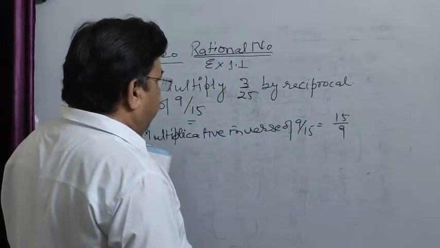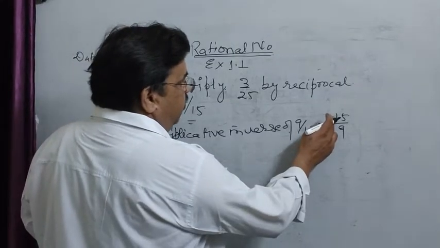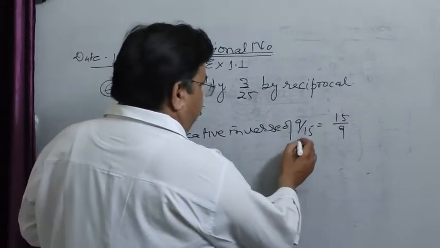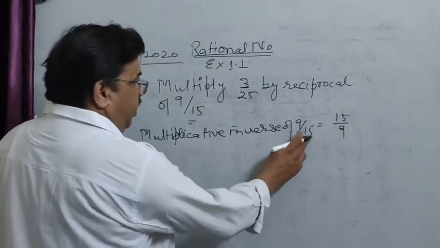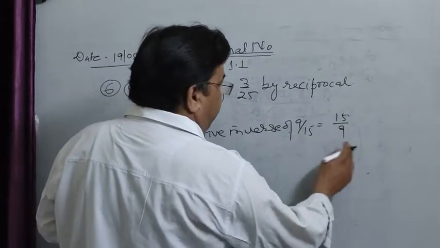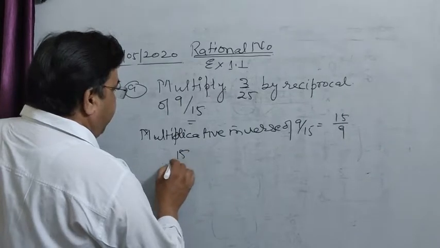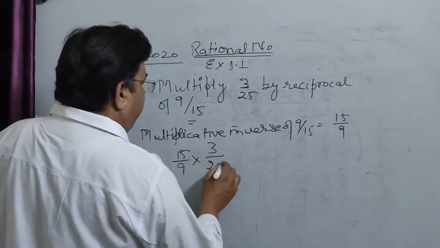In the multiplicative inverse, the denominator becomes the numerator and the numerator becomes the denominator. Multiply 15 by 9 and 3 by 25.